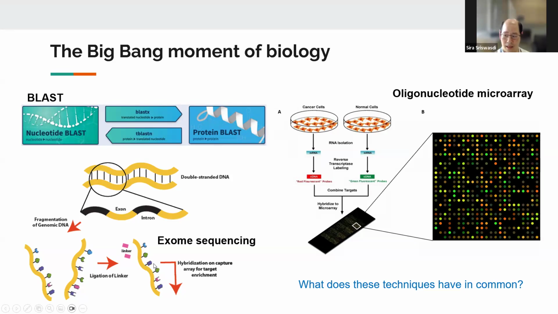If you don't know what the exons are, you cannot generate the hybridization probes if you don't know the target sequence. You cannot create a microarray, because for a microarray, you have to know the sequence of your RNA, so that you can decide the reverse complement of the RNA sequence and bind to it. If you don't know the human genome, none of this technology can be made.